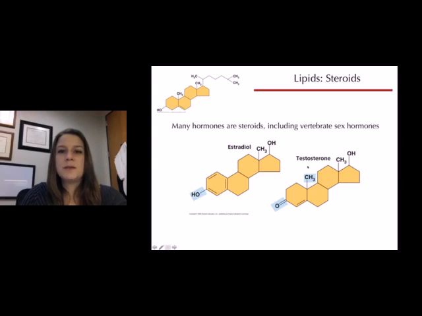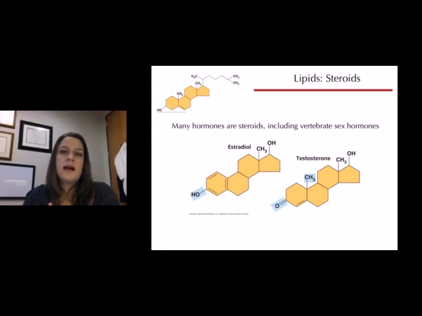So both of these are vertebrate secondary sex characteristic hormones. And estradiol at high levels makes female secondary sex characteristics, testosterone at high levels makes male secondary sex characteristics. And so the fused rings, you'll notice, so these are steroids. So steroids include cholesterol.